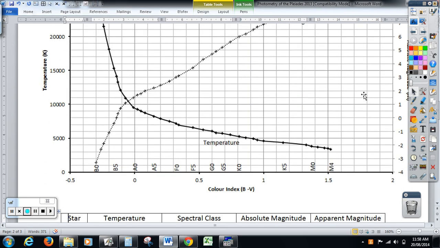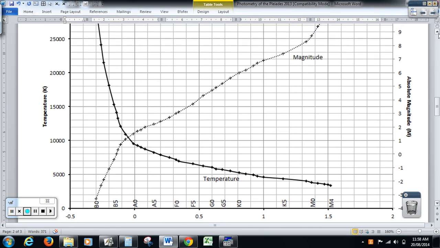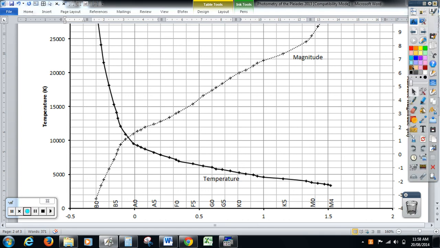Okay, the first B minus V index was over here at negative 0.09. So really we're looking at a number which is negative 0.1.